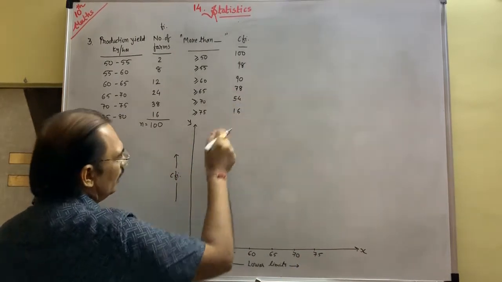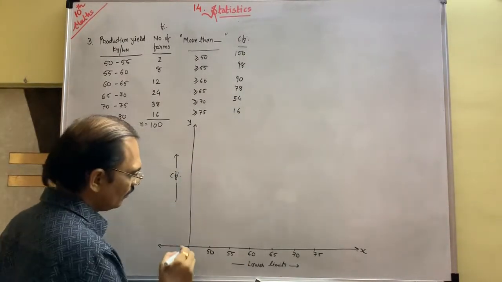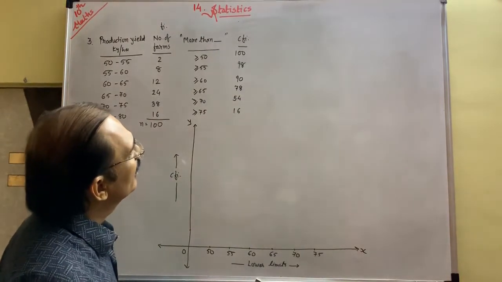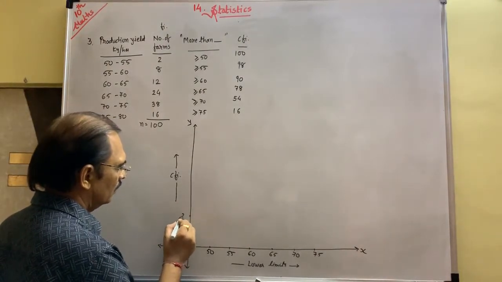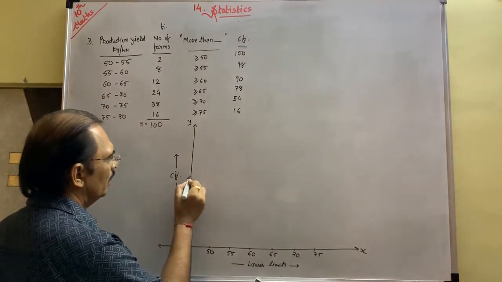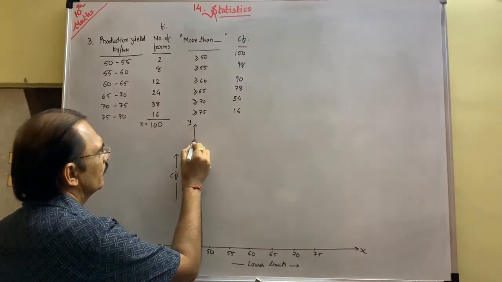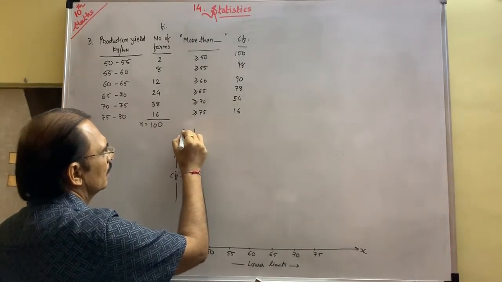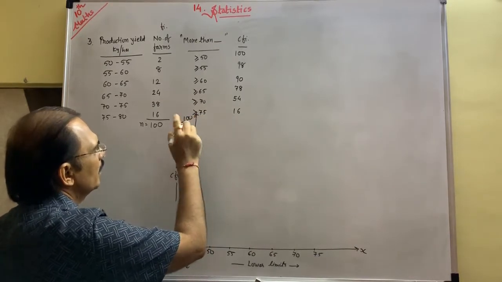Cumulative frequency is from 16 to 100, so I should take 10, 20, 30, 40, 50, 60, 70, 80, 90, 100. Okay, check it.